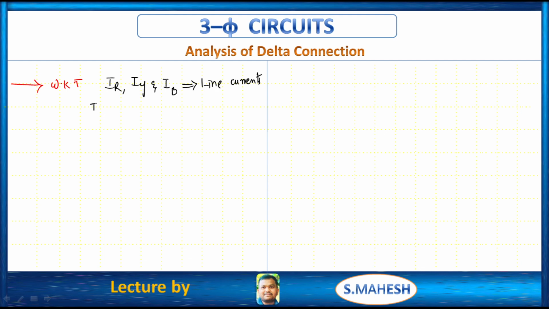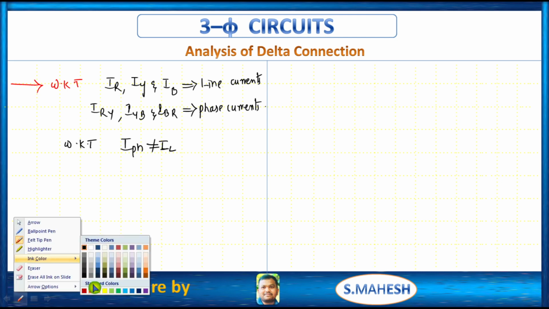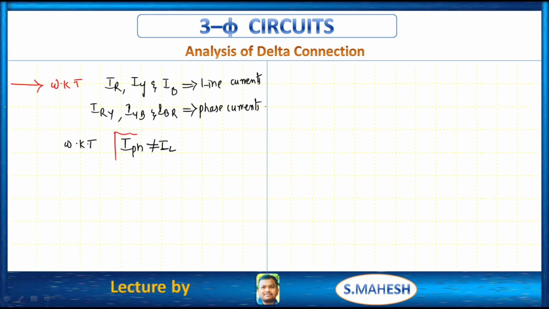Like that IRY, IYB and IBR are nothing but phase currents. And we know that this phase current is not equal to line current in this case, because both are different. So now we can get the relation between those two, same as in the case of star connection.